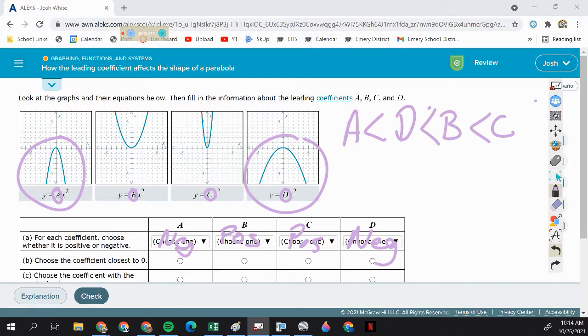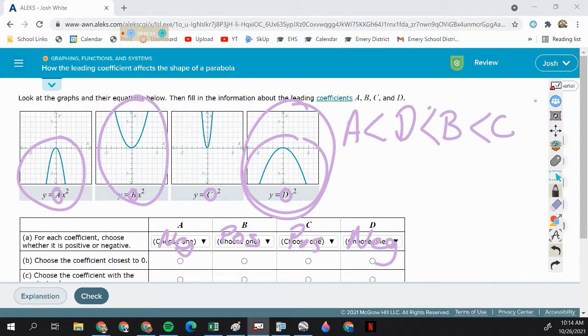Okay? So the second question asks, choose the coefficient that is closest to 0. Which one of those is closest to 0? D. Why D? So we have to compare this one to this one.